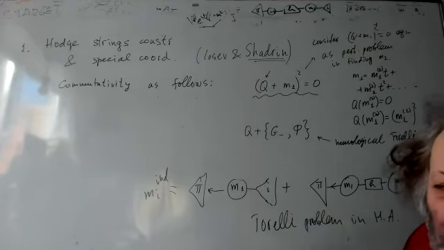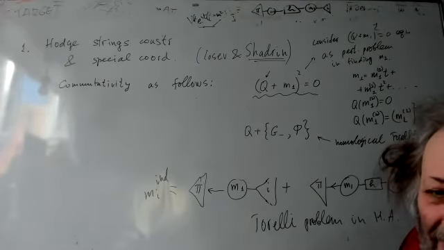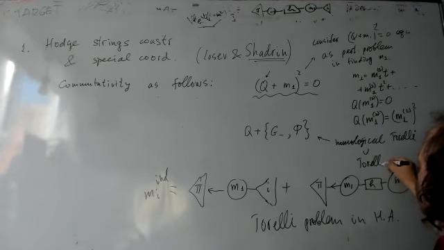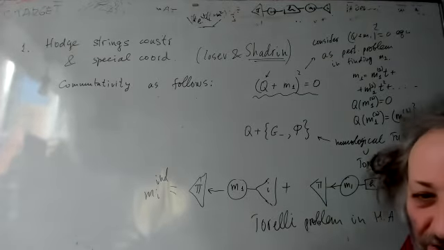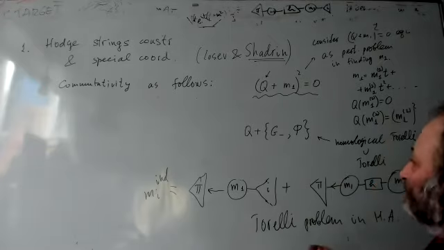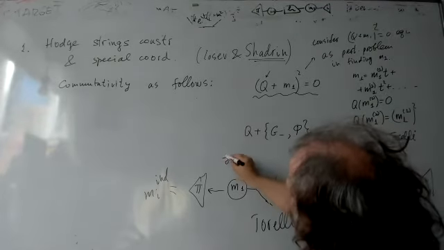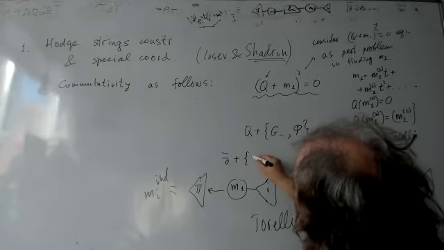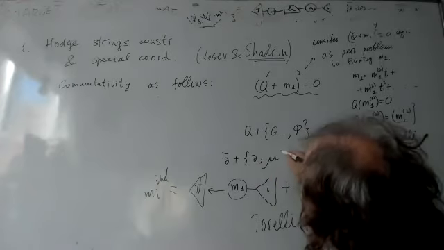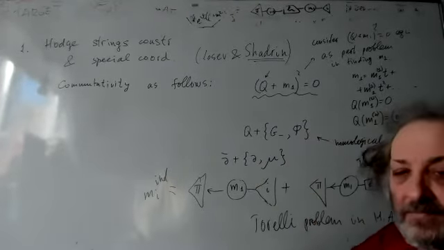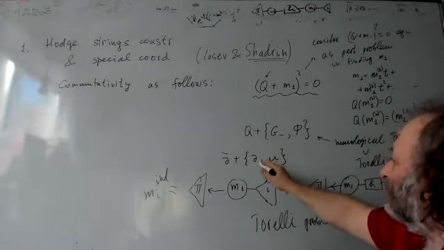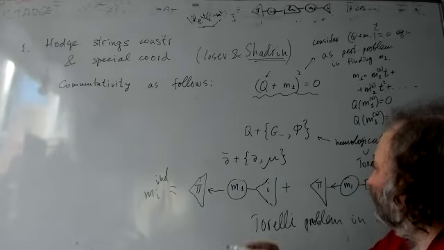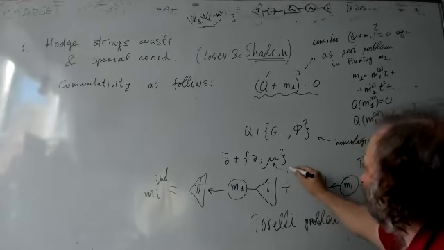To show that this is homological Torelli, I need to show how Torelli is embedded in homological Torelli, right? So by Torelli, people mean something like this: D bar plus D mu, where mu is Beltrami.